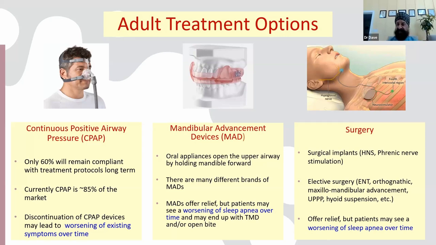There are orthodontic treatments that are done to manipulate the jaws, maxillomandibular advancement, UPPP, hyoid suspension, geniohyoid muscles being attached and being remodeled. And all of these surgical procedures do offer significant relief, but again, there could be worsening over a period of time.